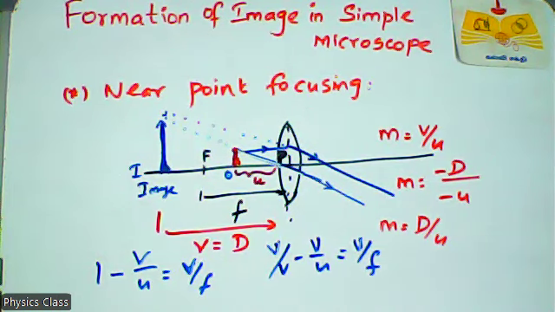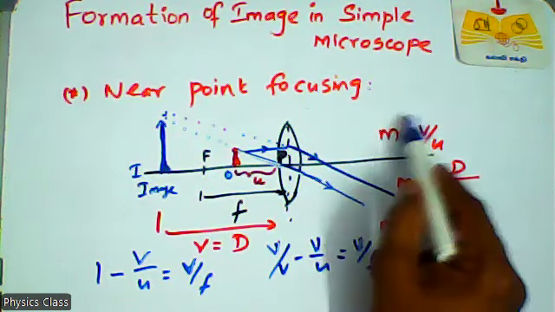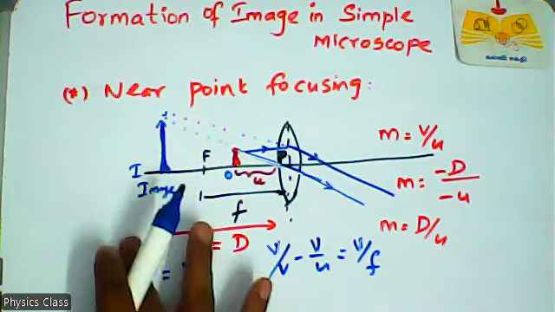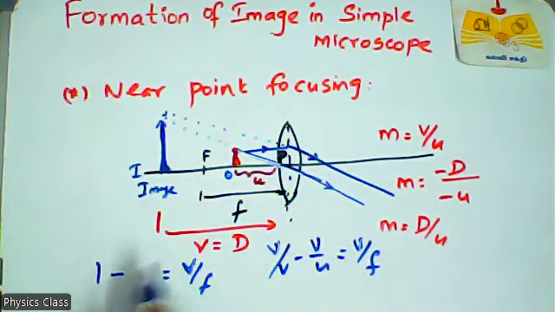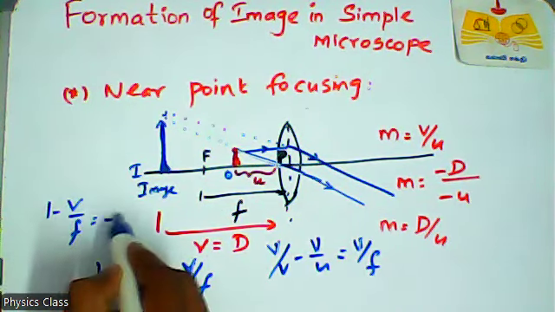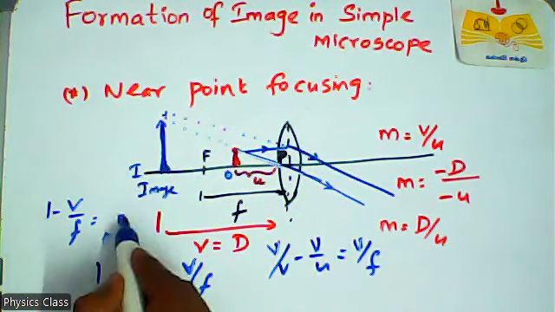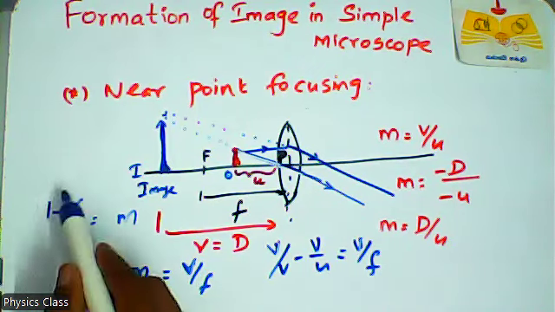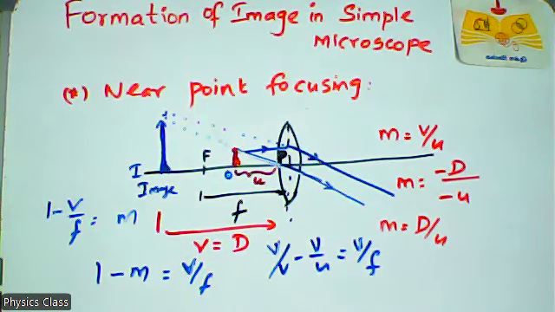Already we know that m is equal to v by u, so we can replace v by u with m. In the next step, minus m goes here and v by f goes there. So 1 minus v by f is equal to m.